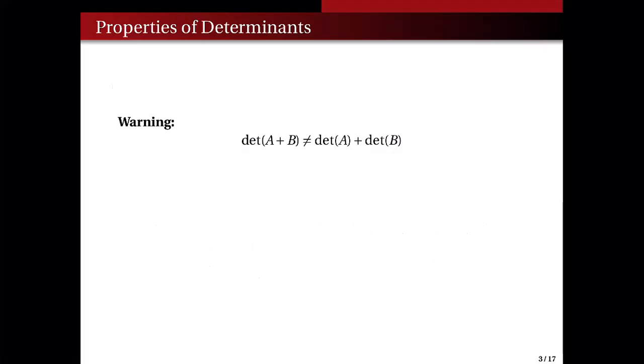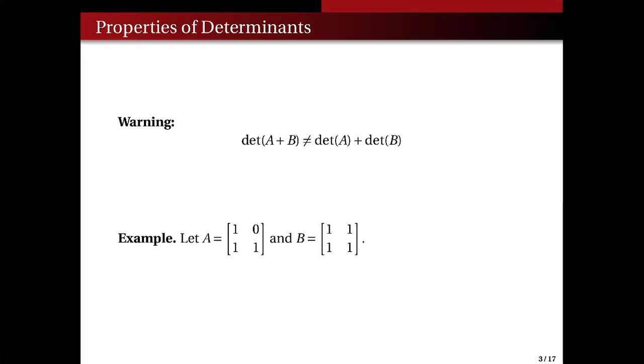It's not determinant of A plus determinant of B. Okay? So for example, you let your A be this matrix. It's just 2 by 2, so the determinant can be obtained easily. You have 1, 0, 1, 1. And then you let your matrix B be equal to this matrix 1, 1, 1, 1.